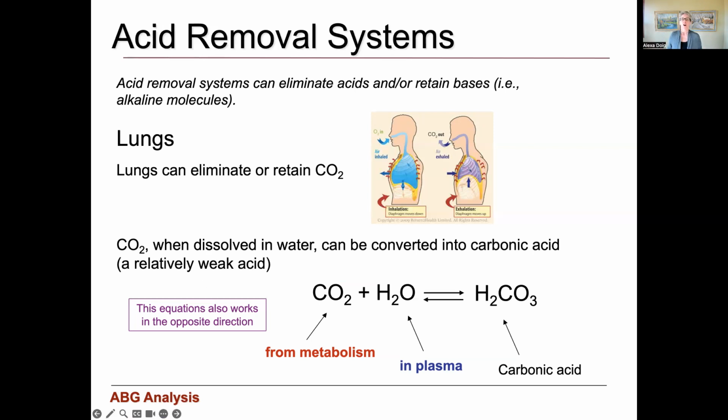However, carbon dioxide, when it is dissolved in water, such as in the plasma, in the cytoplasm, in the tissue fluid, the arrows will go in one direction or the other based on the pH of the blood. And so if we're driving the equation to the right, it means that we need more acid to be produced. The carbon dioxide and water come together, they form carbonic acid, and carbonic acid is an acid, of course.